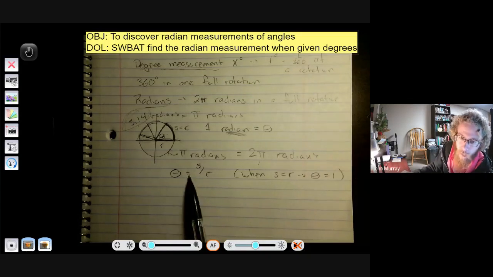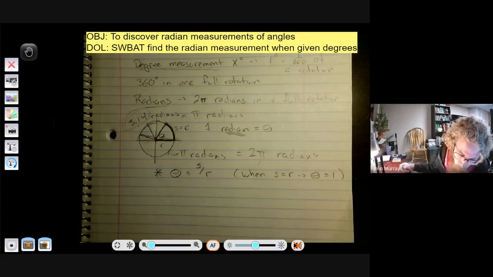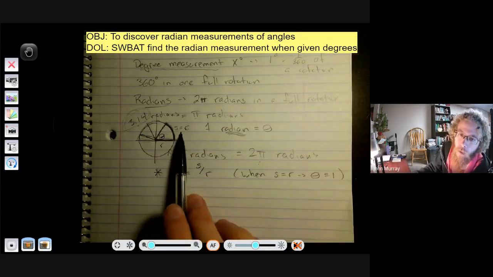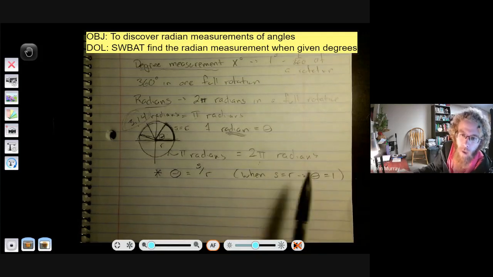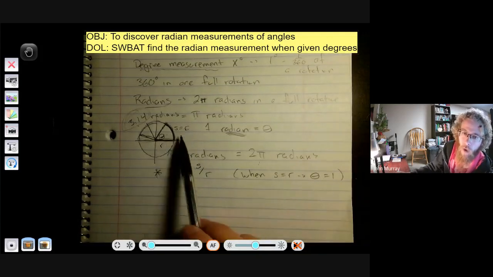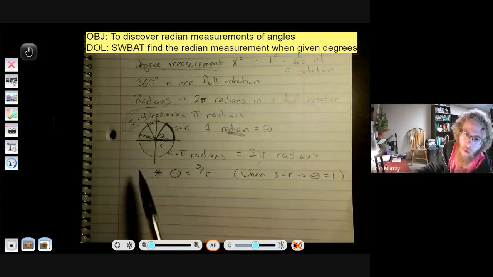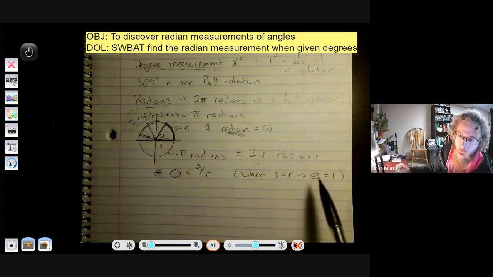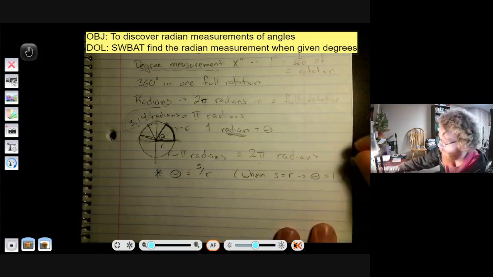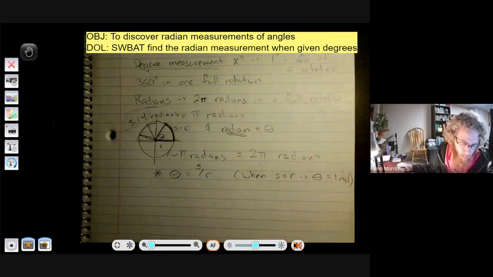So from this definition, from this formula, which we'll come back to tomorrow, we can see that when S is equal to R, when those are the same, then you have 1 radian. So when the arc length that you're measuring, which is how we're going to start off, is the same as your radius, then you have 1 radian.